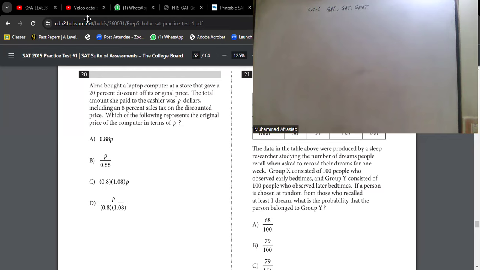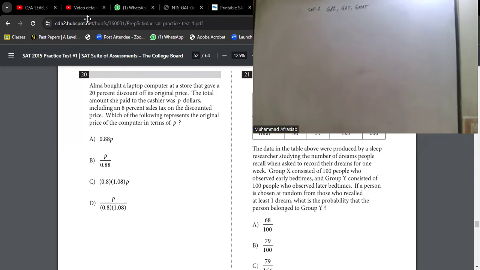Question 21. Dreams recalled during the 1 week. Group X, Group Y, none, 1 to 4, and 5 or more, and the total are given to us. The data in the table above were produced by the Sleep Researcher Study Program for the number of dreams people recall when they were asked to record the dreams for 1 week.